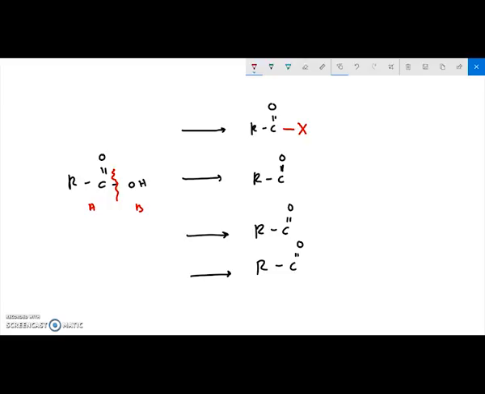The second one, we're going to replace the OH with O, C double bond O, R. The third one is R, C double bond O, O, R, where R is the alkyl group. And then finally we have the last one, where the OH will be replaced with N. The R1 and R2 can be either carbon or hydrogen.